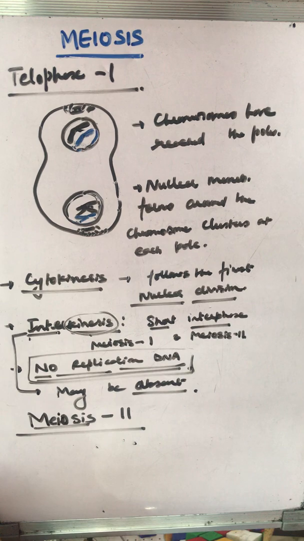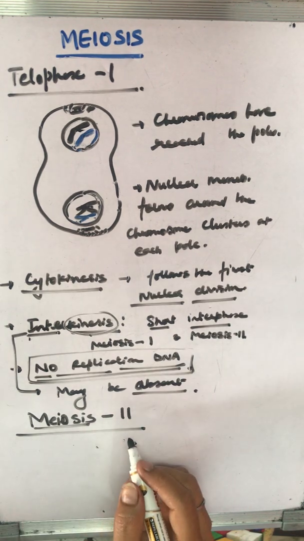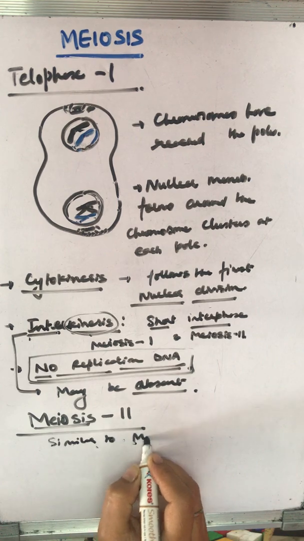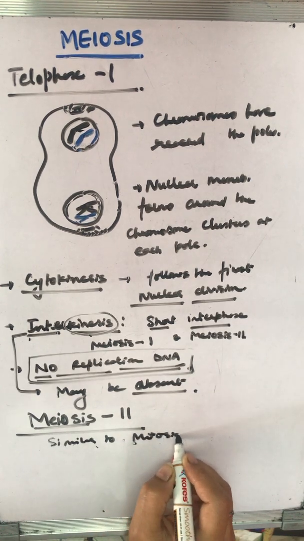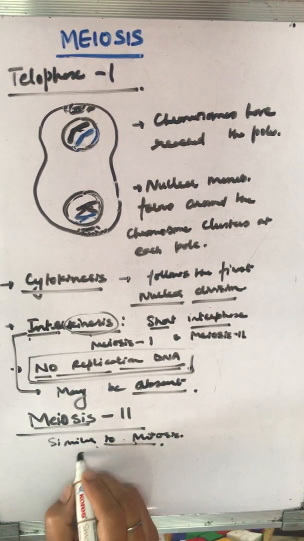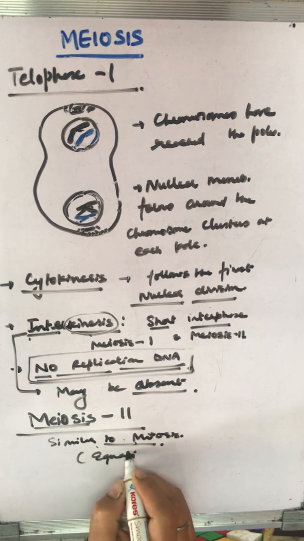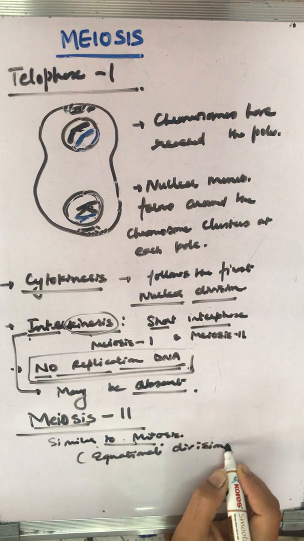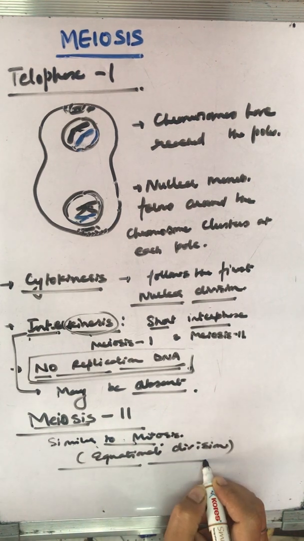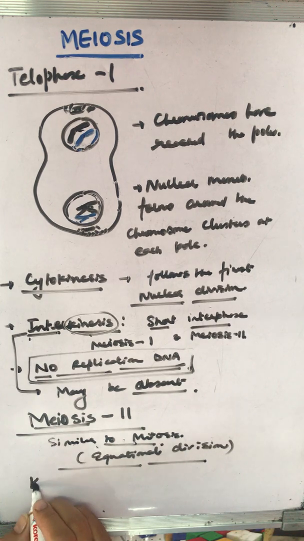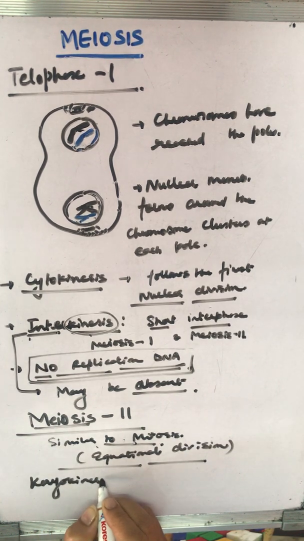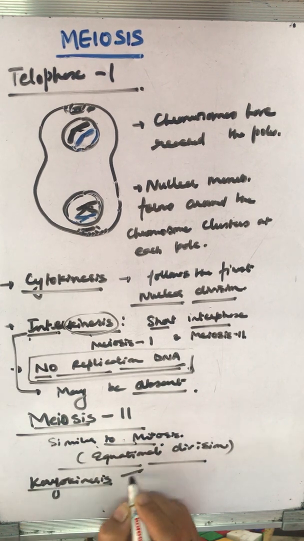Alright, now Meiosis 2, the key events will remain the same. It is similar to mitosis, okay, and is known as equational division, as I told you in the beginning, because here the number of chromosomes gets equated. So we start with again karyokinesis, and by now you know karyokinesis stages.